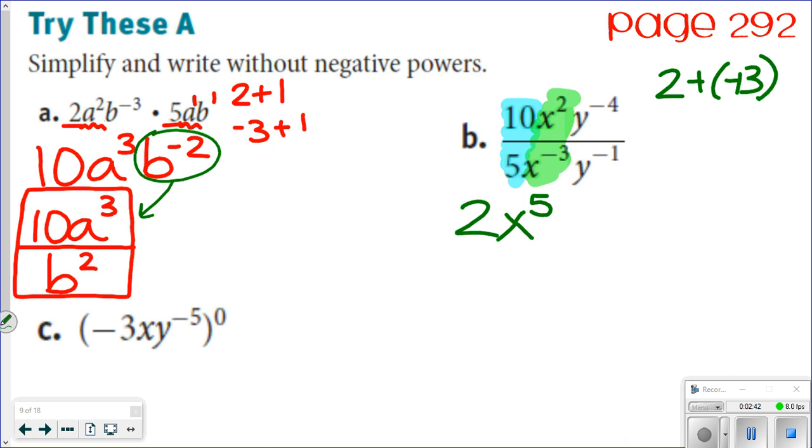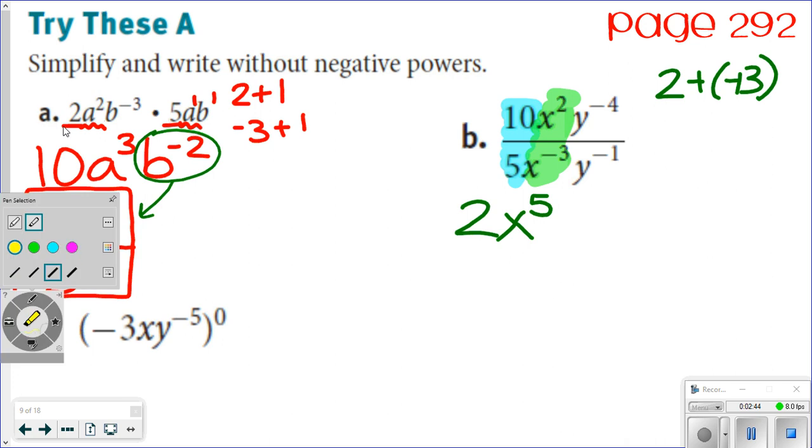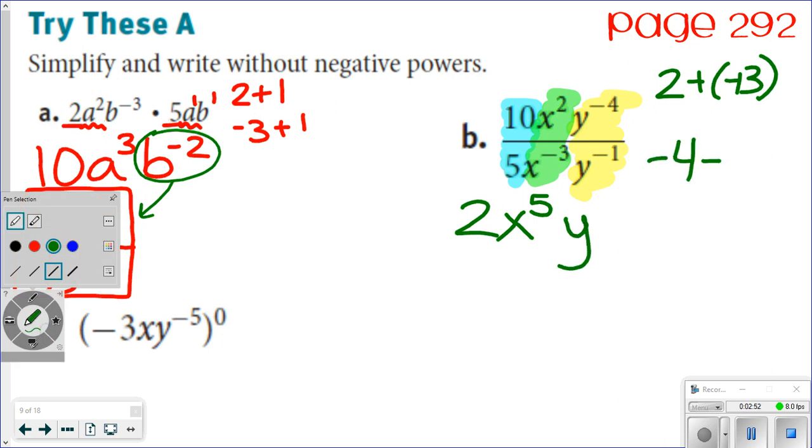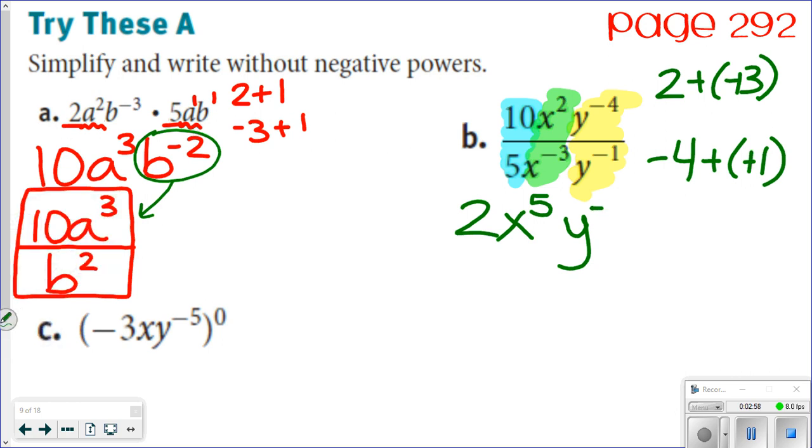And then we want to look at our next base, which is the y's. So I have y, negative 4 minus a negative 1 becomes negative 4 plus 1, which is negative 3. And now I have to clean up my negatives. Because we can't have negatives, I need to make a fraction and move it to the denominator.